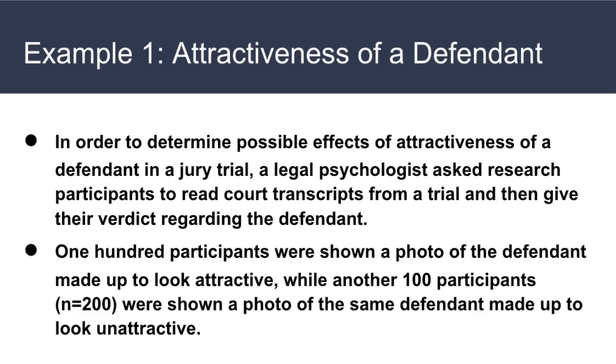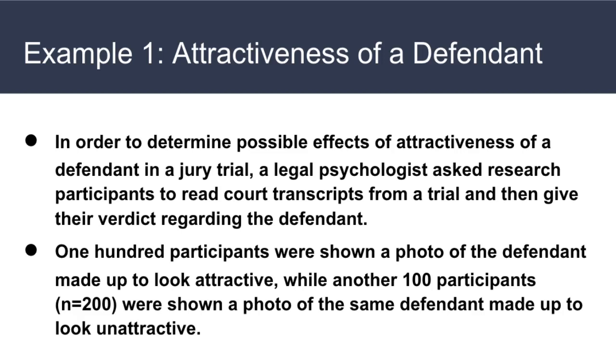So what do we have here? We have a sample of 200 people, all right, that's why we have our n equals 200. We have 200 people, two groups of 100, each being shown something different. They're being shown the same court transcripts, but attached to a photo of a defendant, one made up to look attractive, the other made up to look unattractive.